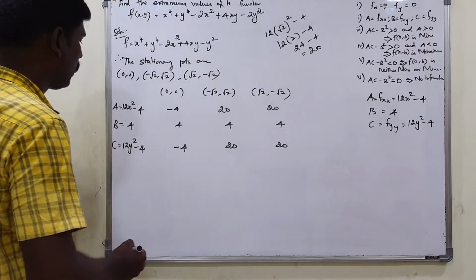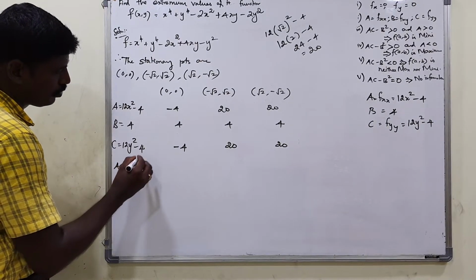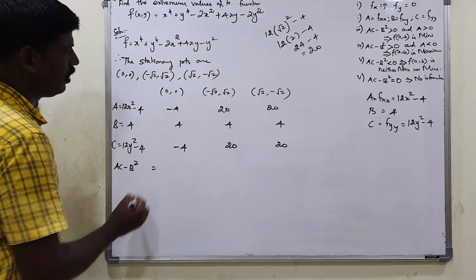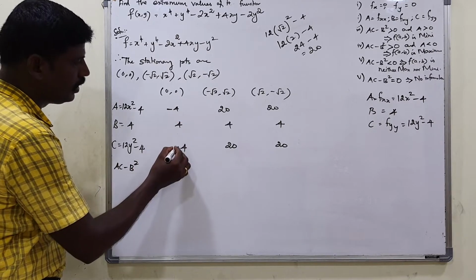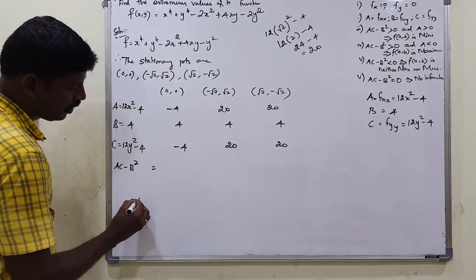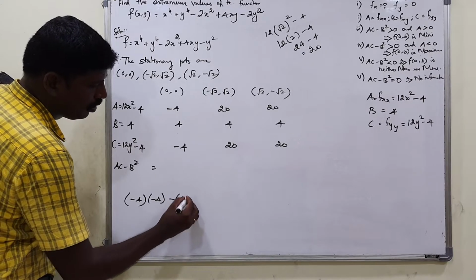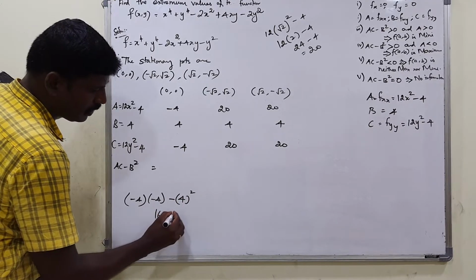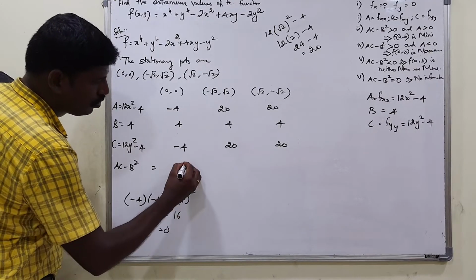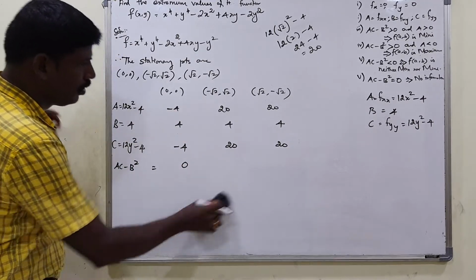Right? Look at here. Now I am going to find out the value of AC minus B square. So what is the value of AC minus B square? A into C, 16. Minus 4 into minus 4, 16, isn't it? A is minus 4, C is minus 4. AC minus B square, isn't it? So 16 minus 16 equal to 0. So value of AC minus B square at the point (0, 0) is 0.